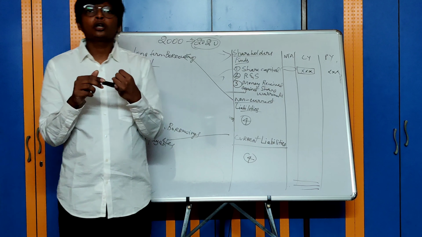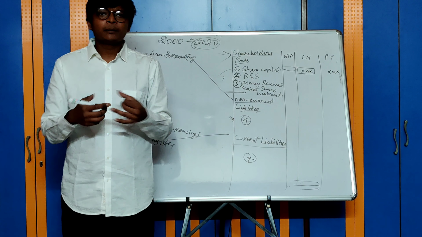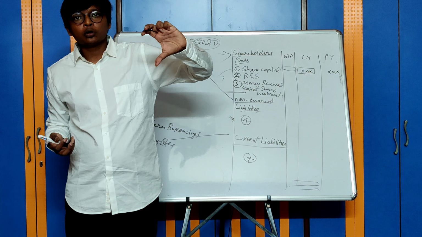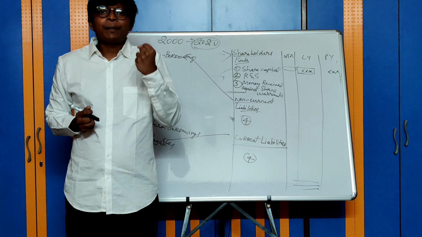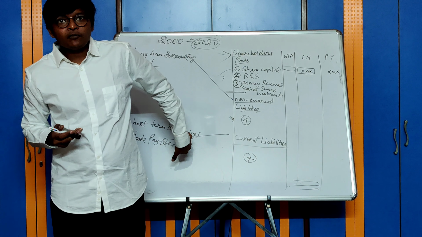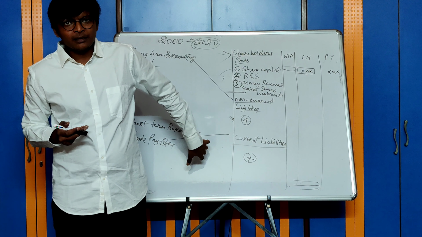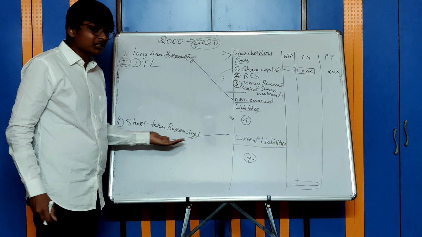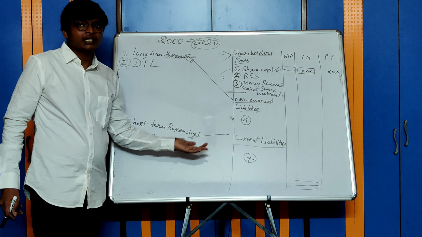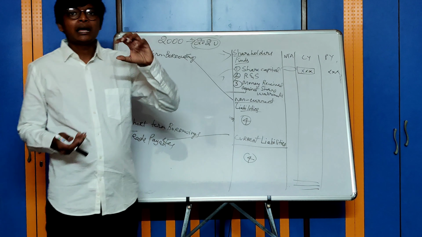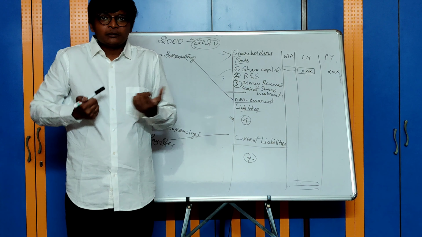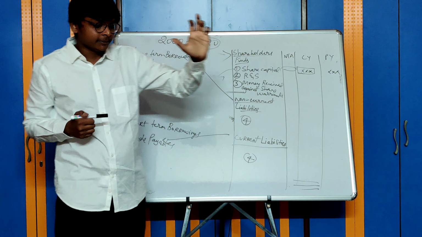Trade payables includes all your creditors, bills payable, etc. For trade payables, you need to show an important disclosure where if any payable is pending for MSME, micro, small and medium enterprises, for more than 6 months, then such a disclosure has to be made in your financial statements. Reason being, MSME require funds for business.